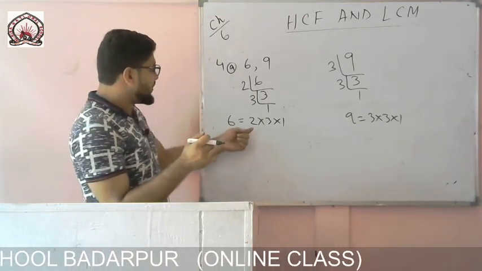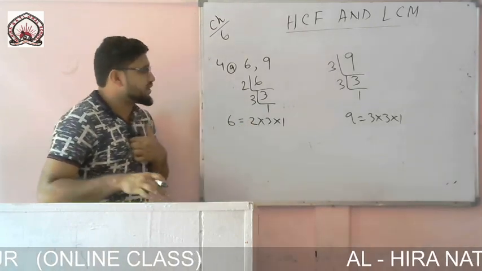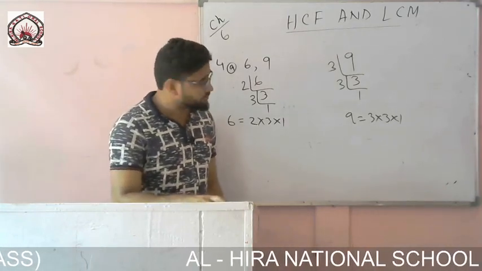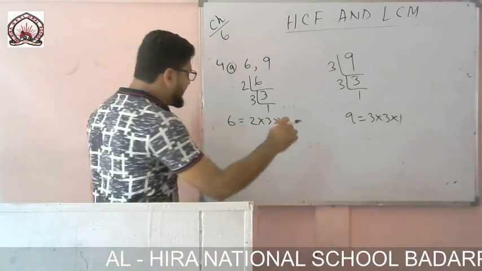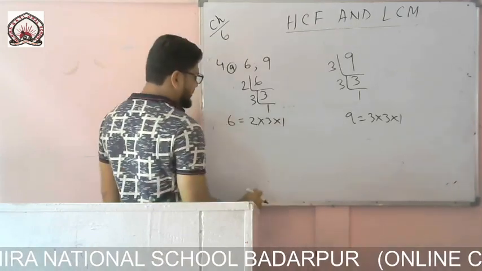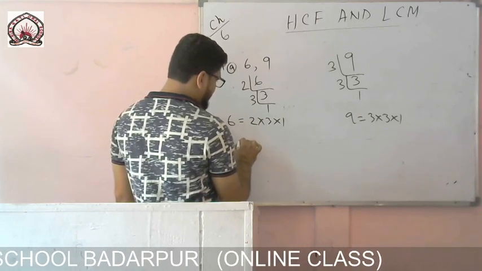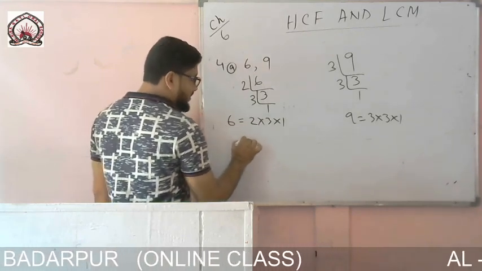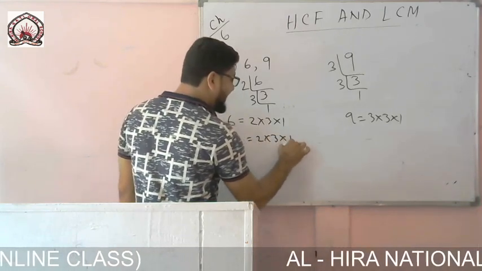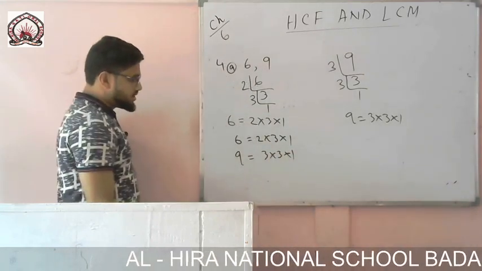Grouping the factors, if you group the factors, what do we get? 6 equals 2 into 3 into 1 and 9 equals 3 into 3 into 1.